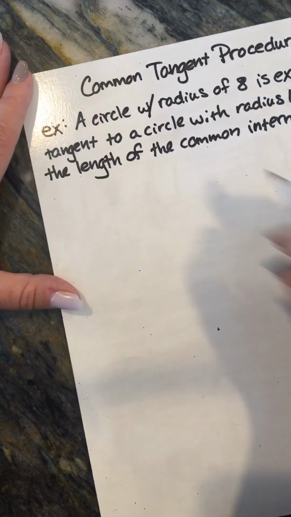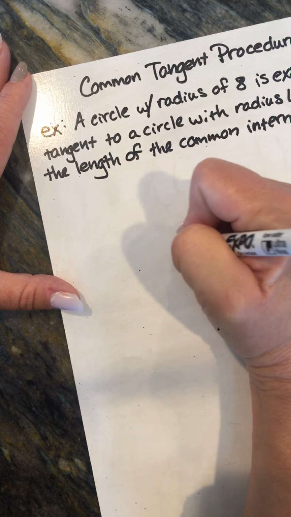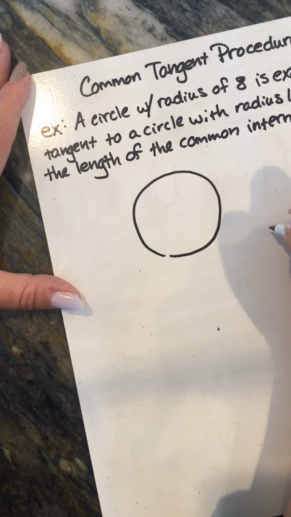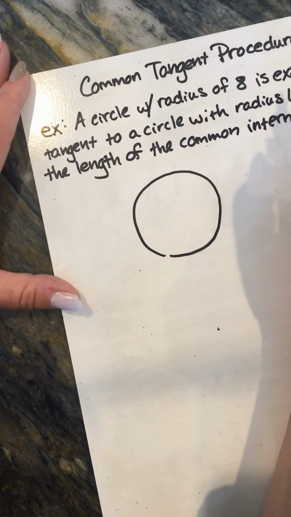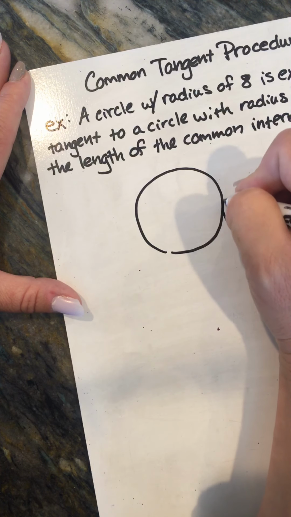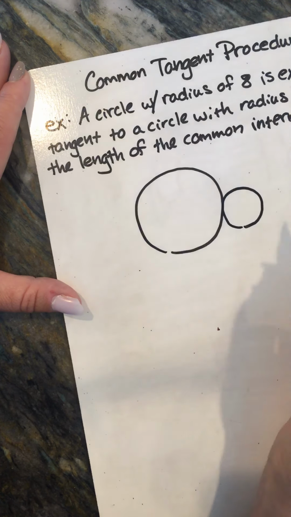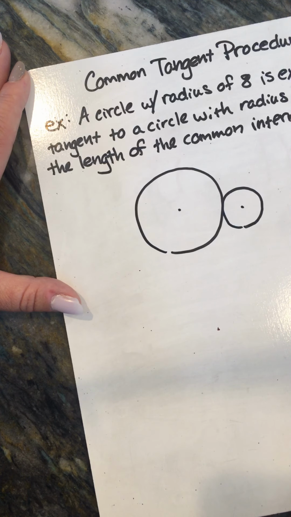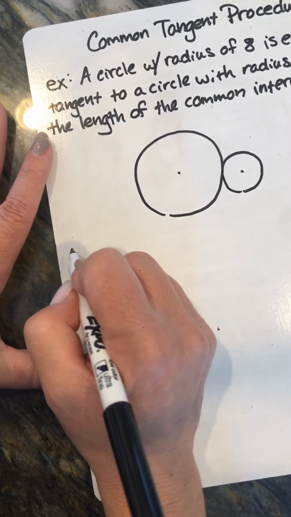All right, we're going to need a picture. So we have a radius of 8 and a radius of 18, so that means one larger circle, one smaller circle. And the circles are going to be externally tangent. So remember that looks like that. Center, center. Okay, here's our procedure. Step 1.